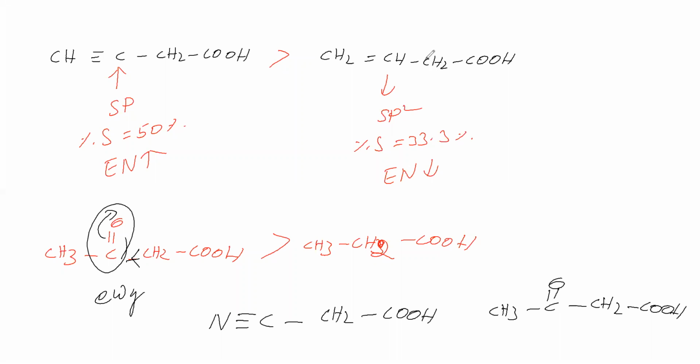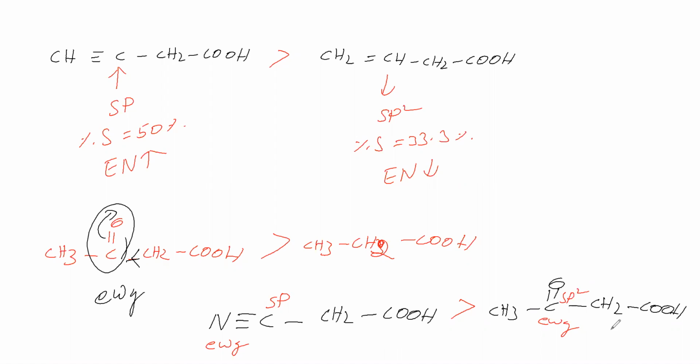It is like this: this one has more acidic strength when compared to this. Why? It is an electron withdrawing group. It is sp carbon, and this is sp2 carbon. Therefore, it is more acidic when compared to this.